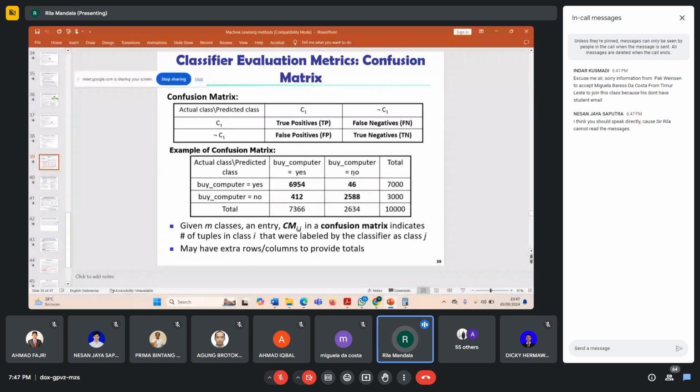So for example, if somebody comes to my shop and I ask the machine learning method about this customer, a handsome man, I put in all the data about that customer, and the machine learning says that man will buy a computer. It is predicted, right? It is the prediction. Who judges whether the human will buy a computer or not? The reality. We just wait.